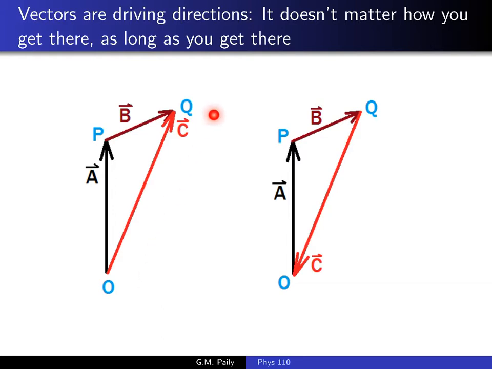We see that in this case, C goes from O to Q. But in this case, C goes from Q to O. This has the same effect as A plus B. This has the opposite effect of A plus B. And so in this case, C is equal to A plus B. In this case, C is equal to the negative of A plus B.